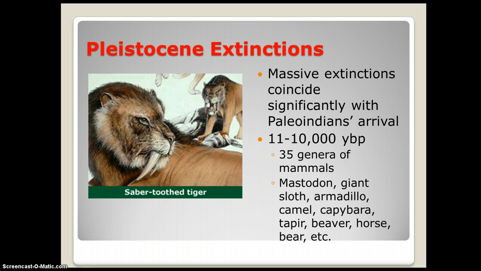And in particular, we're looking at the Pleistocene extinctions. So roughly 14 to 15,000 years ago, when the first immigrants to the Western Hemisphere arrived, we know that some important changes began to take place within the natural environment of the Western Hemisphere.